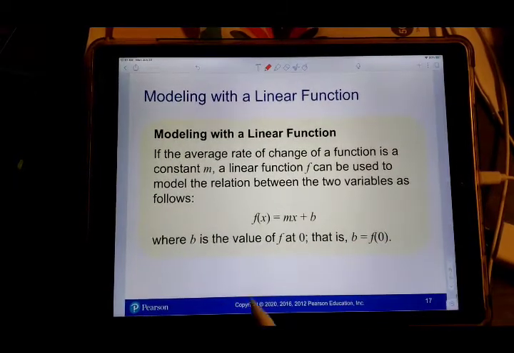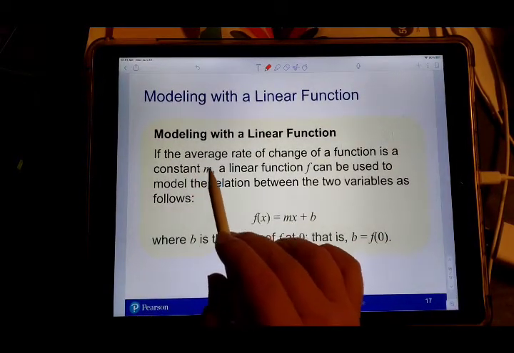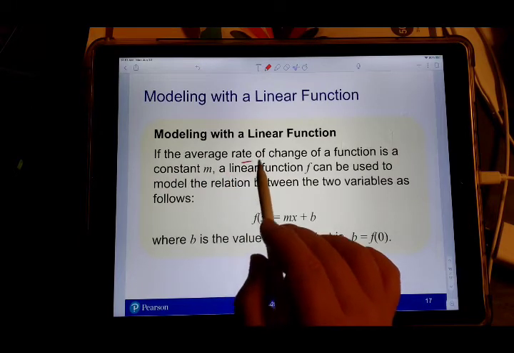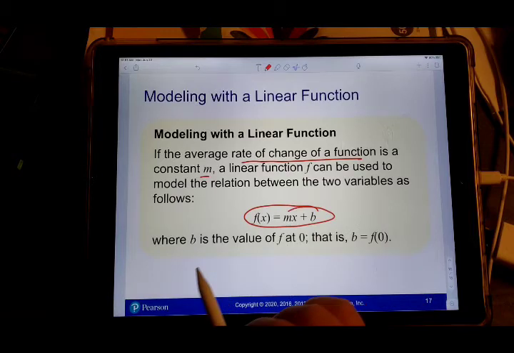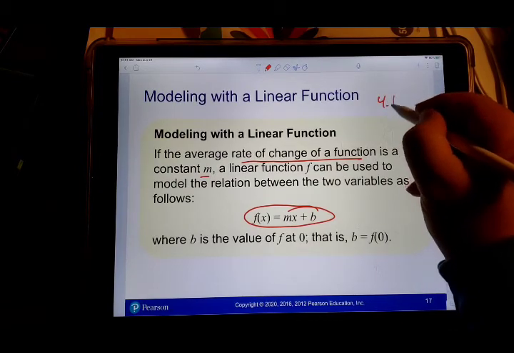So I just leave you with this. If you know the average rate of change of a function, you have a linear function if the average rate of change is consistent. That is section 4.1.